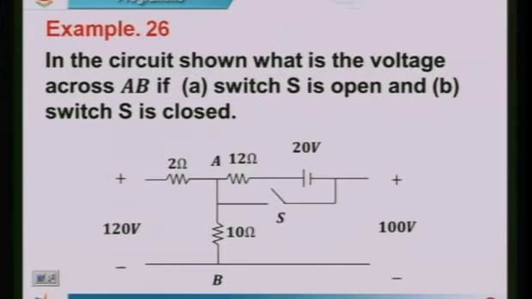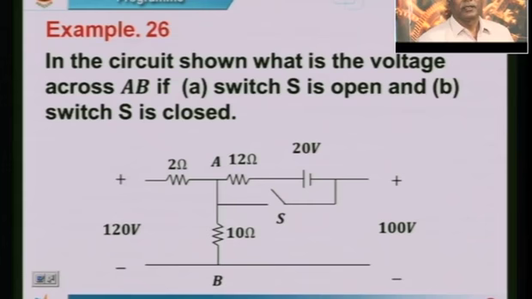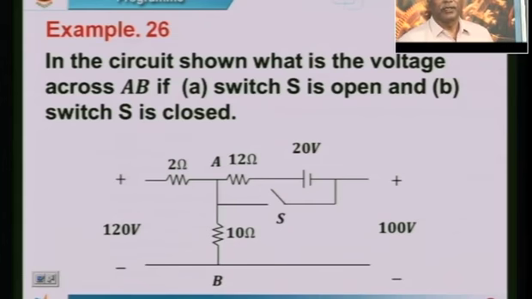The next problem. In the circuit shown, what is the voltage across AB if switch S is open and if switch S is closed? The circuit given is this.